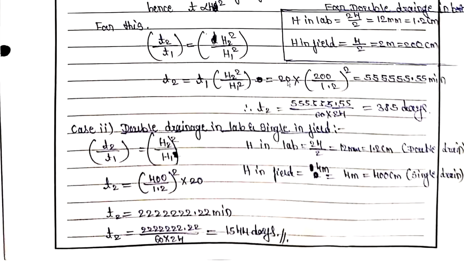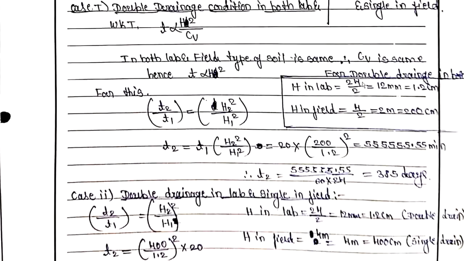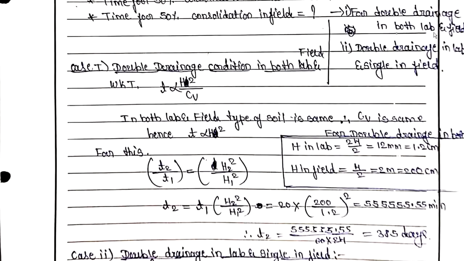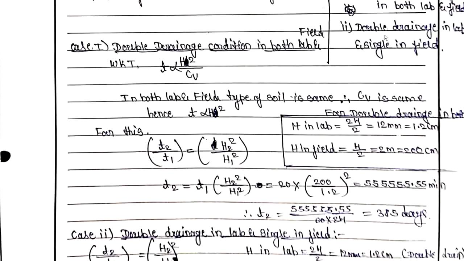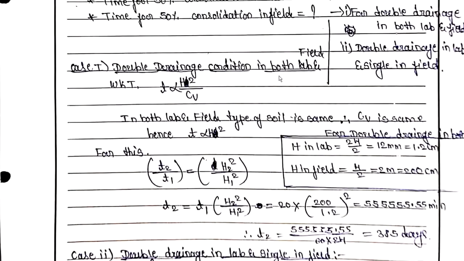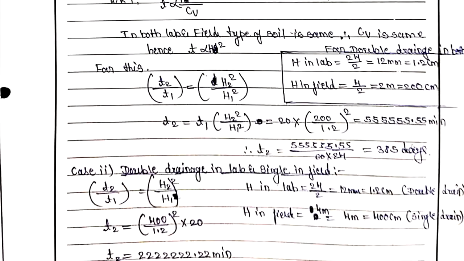So T2 is equal to 20 into 200 divided by 1.2, whole square, that is 5,55,555.55 minutes required. So the first case is over. For double drainage in both the lab and field, the time taken in the field for 50% consolidation is this much. So I am converting it into days. 385 days approximately is going to come.